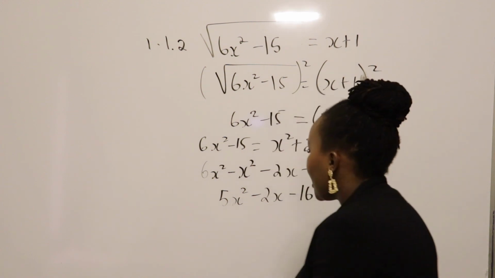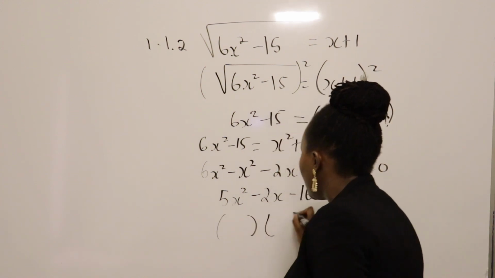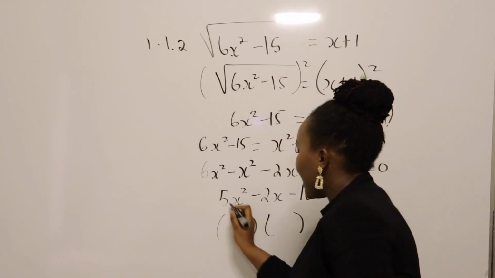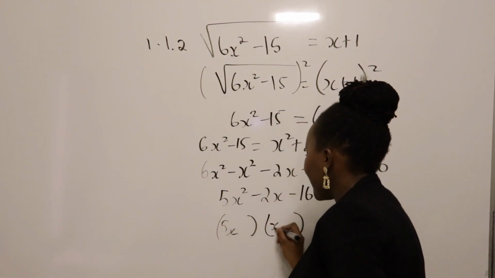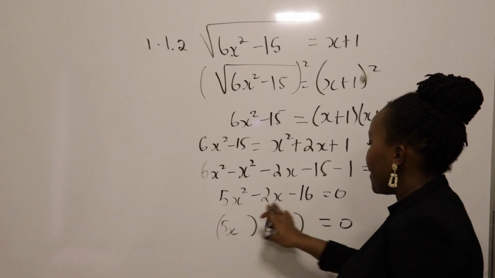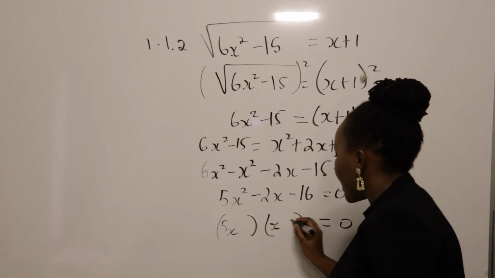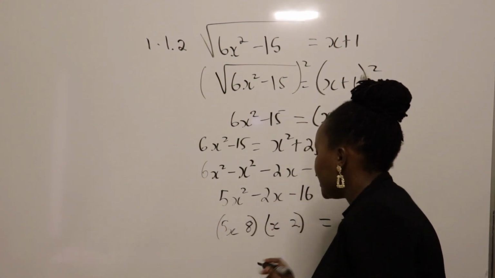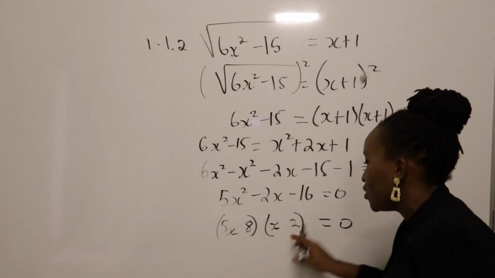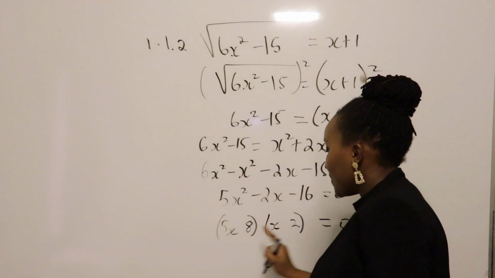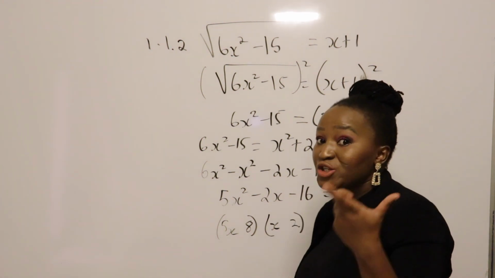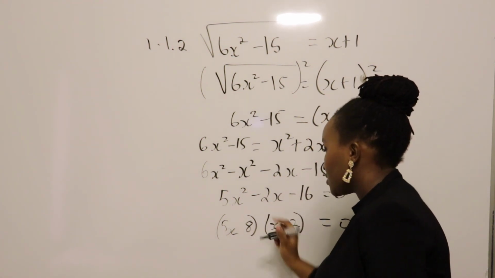Alright? So what I'll do here, I will put 2 brackets equal to 0. And I will say factors of the first term is 5x and x. Factors of the second term is 8 and 2. So I'll write 2 here and I'll write 8 because when I multiply 5 times 2, it will give me 10. And 8 times x will give me 8x, which will give me 2x at the end, okay?